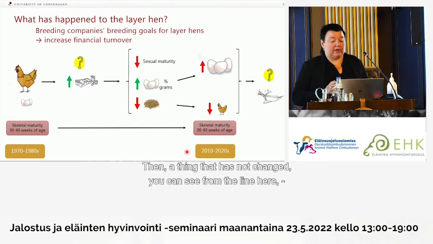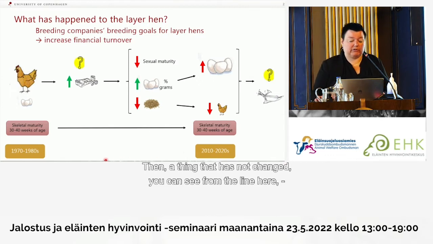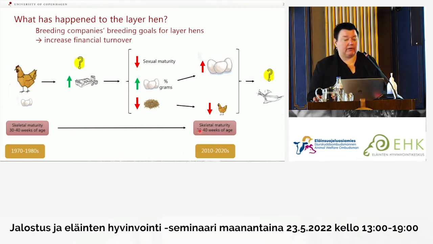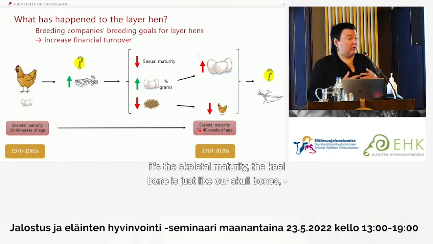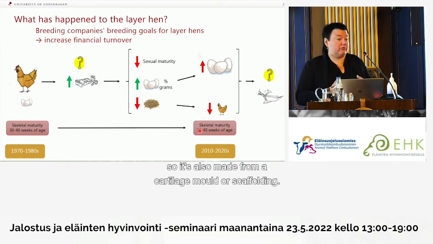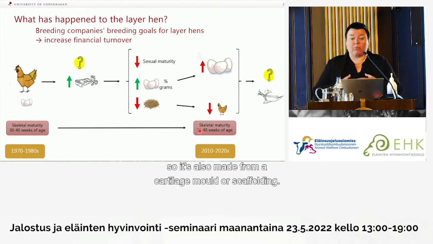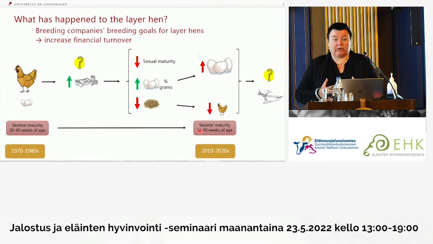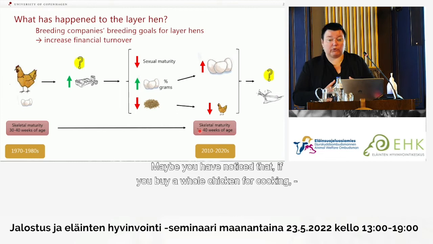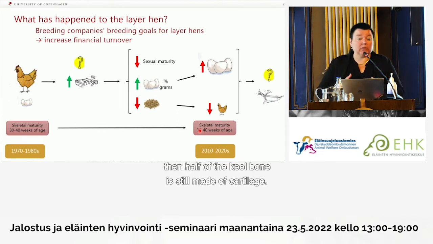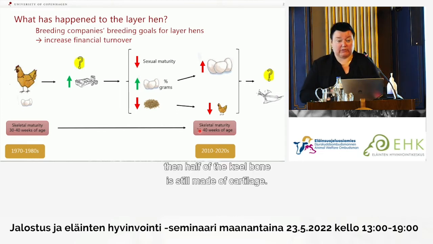Then a thing that has not changed, you can see from the very line here, is the skeletal maturity. The keel bone is just like our skull bones, so it's also made from a cartilage mold or scaffolding. Maybe you have noticed that if you buy a whole chicken for cooking, half of the keel bone is still made of cartilage.